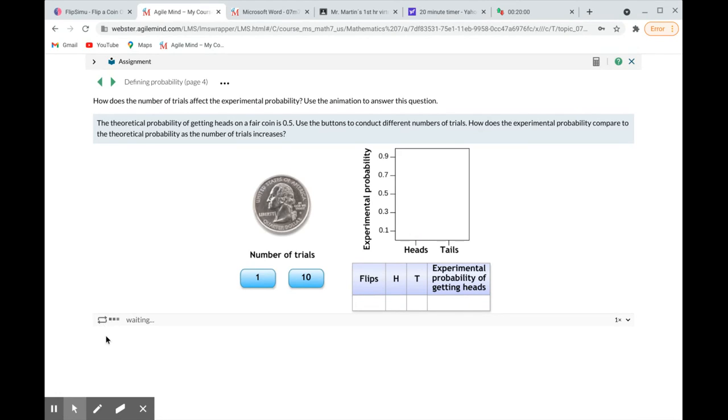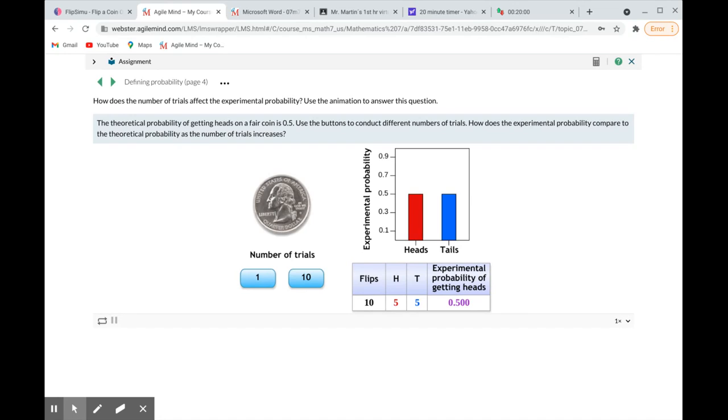Well, theoretically, that's stating that the chance of landing on heads and tails is a 50% chance. So the more times we flip this coin, the more likely we're going to get our experimental probability closer to the theoretical probability. So let's flip this 100 times and see where we're at. I'm thinking we're going to be somewhere around 0.4, but we'll just see.